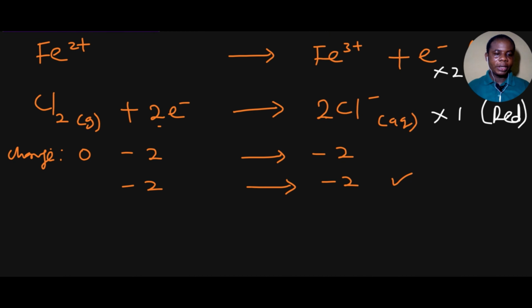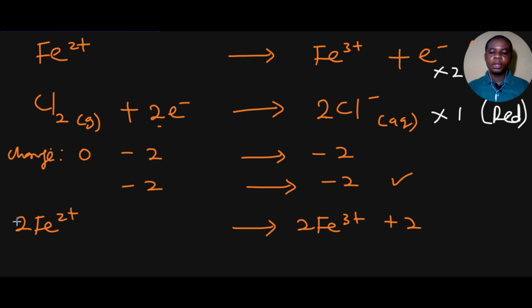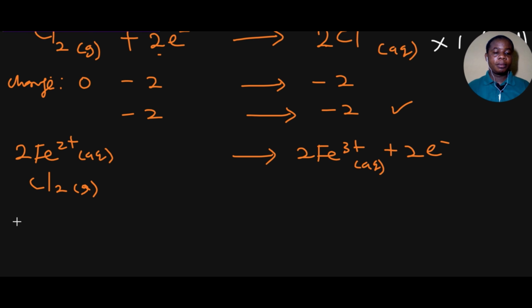When you multiply all this by 2, that becomes 2Fe2+ to give 2Fe3+ plus 2 electrons. Then the next is Cl2, this is gas, plus 2 electrons to give 2Cl-, aqueous.